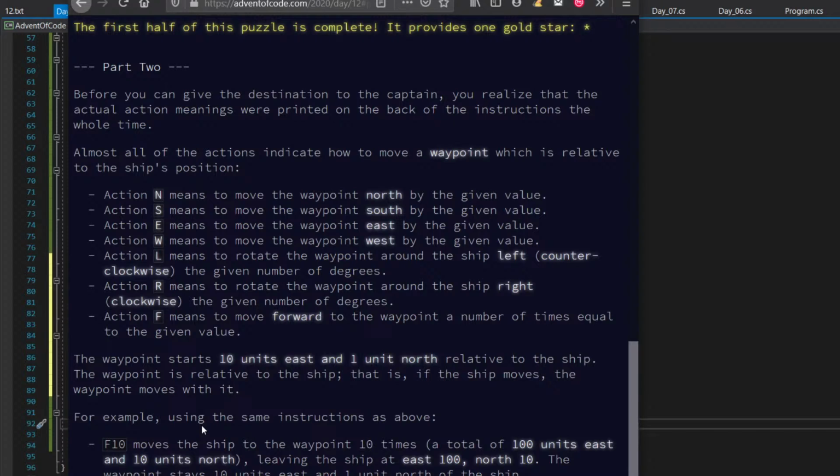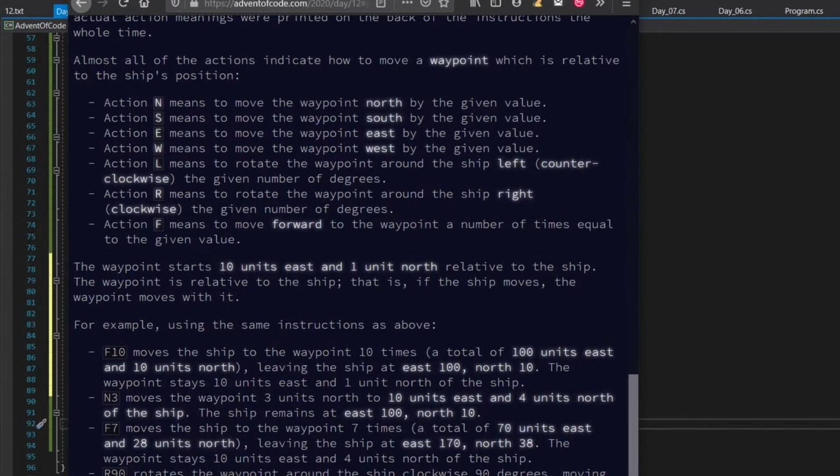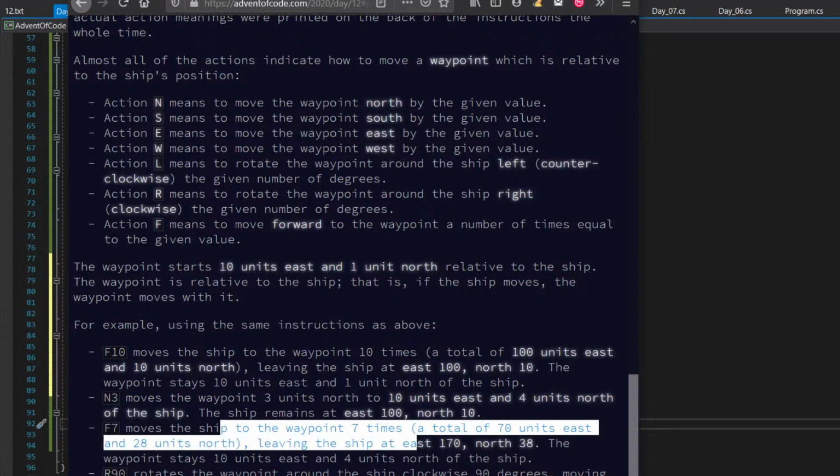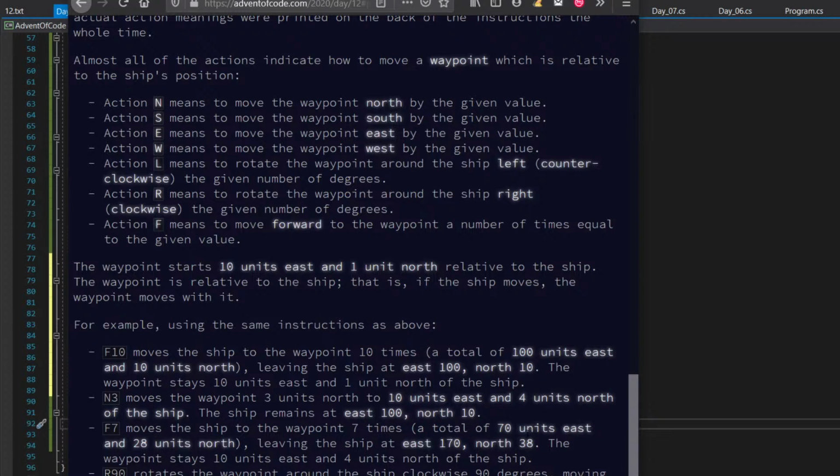But when we do left, right, forward, we're also going to move the waypoint along with the ship. So let's see, F7, move the ship to the waypoint 7 times, leaving the ship at east 170 and north 38. The waypoint stays 10 units east and 4 units north of the ship.